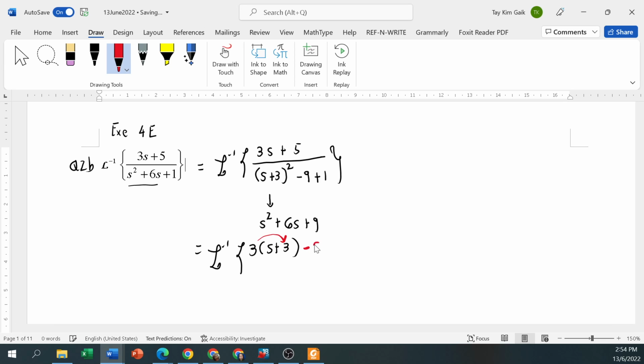That's why you need to minus 9, and then plus 5. When you expand back, it's actually 3s plus 9 minus 9 plus 5, which gets back the original. So the denominator is (s plus 3) squared, minus 9 plus 1, so minus 8.